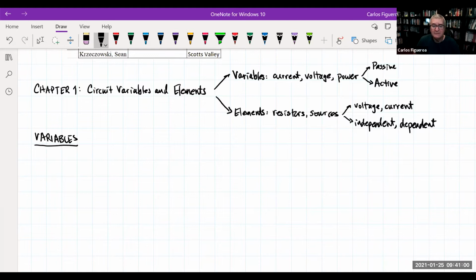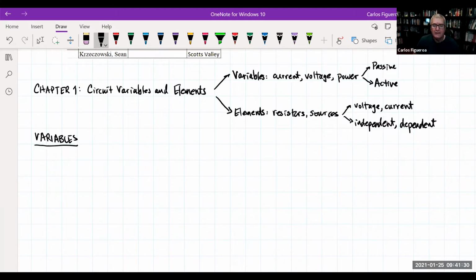The basic answer to almost every question about a circuit is that you want to calculate either the current, the voltage, or the power. But the power is a function of current and voltage. And when we calculate the current and the voltage, it also depends on the property of the element. In other words, is it a resistor, a capacitor, an inductor, or whatever it is?